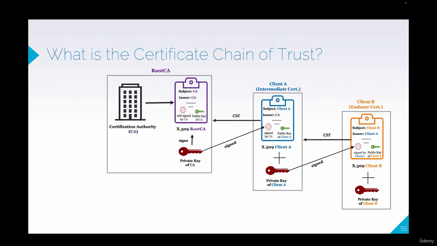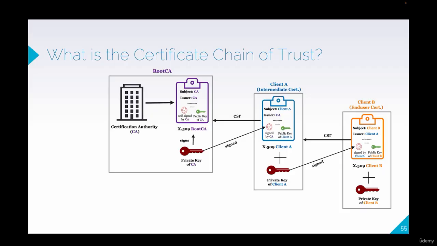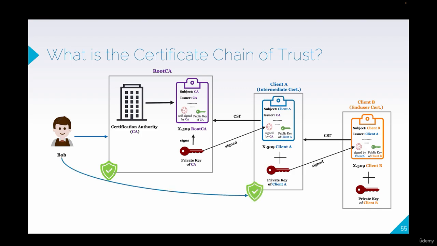So how does the chain of trust actually work? Let's break it down. Bob trusts the root certificate authority because he recognizes and trusts the organization behind it. Because client A holds an X509 certificate signed by the root certificate authority, Bob also trusts client A. Furthermore, since client B has a certificate signed by client A, Bob trusts client B as well.